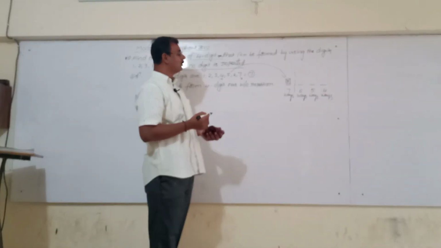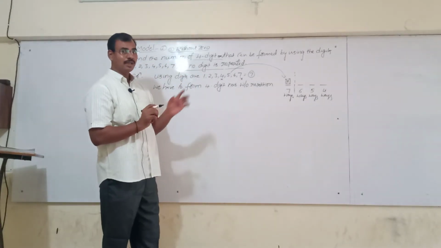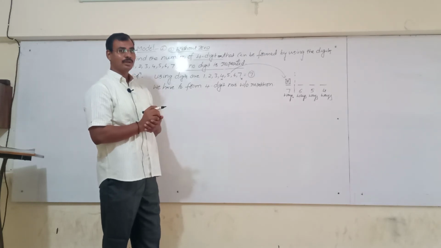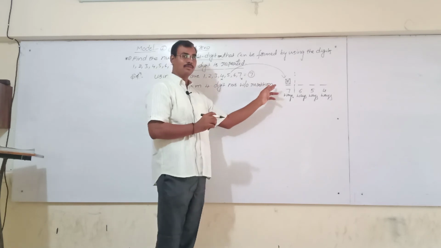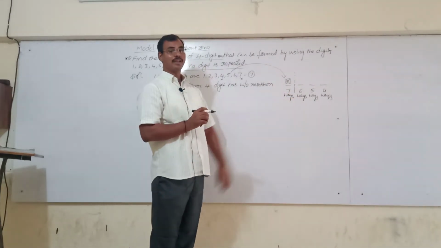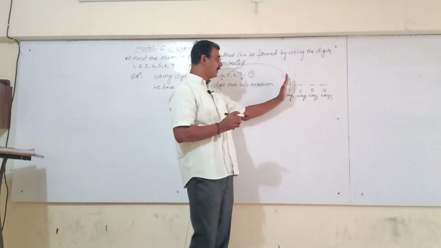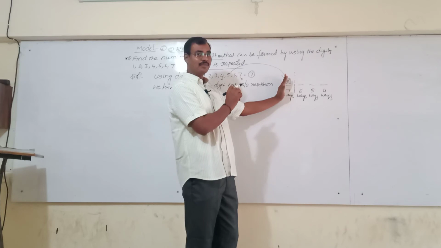So what to do? Do I add these, or do I multiply? I have to do multiplication. Why? Because I filled the first position and I did not stop there.